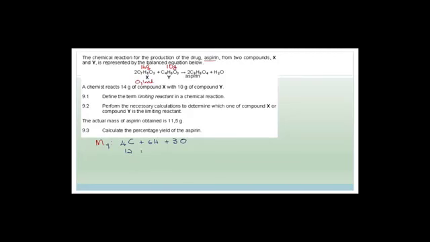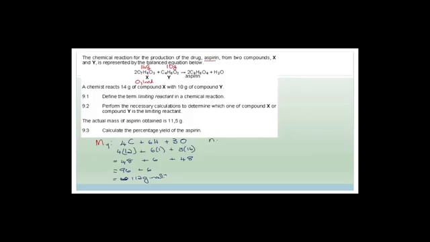So this is 4 times 12 plus 6 times 1 plus 3 times 16. 4 12s are 48, plus 6, plus 48. So that is 96 plus 6, which is 112 grams per mole.